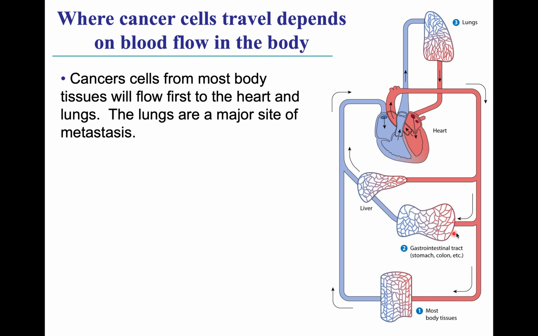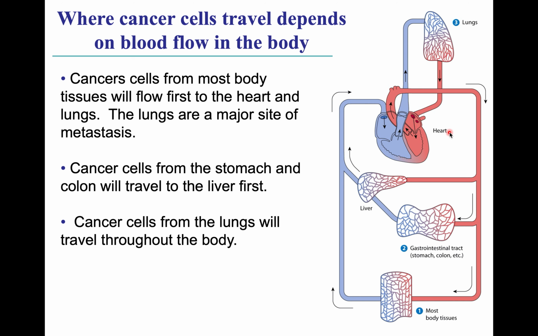So, for example, if you had a gastrointestinal, stomach, or colon cancer, it will very often metastasize to the liver, just due to the simple fact that that's where the blood flow is carrying those cancer cells first from the gastrointestinal tract. Lung cancers will typically be distributed widely throughout the body when they metastasize because the blood flow is going from the lungs, right? Taking that oxygenated blood to basically all parts of the body.